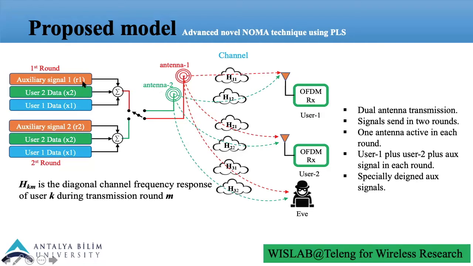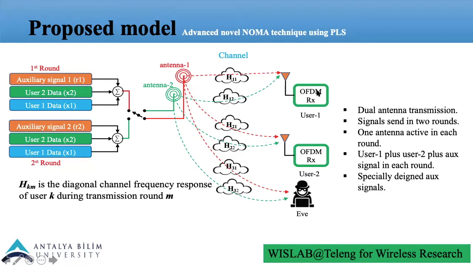R1 and R2 are calculated by considering the user channels. We calculate them by looking at the channel of user one and user two, such that when we send the signal without any processing at the receiver, user one and user two are able to clearly get the signal intended for them.